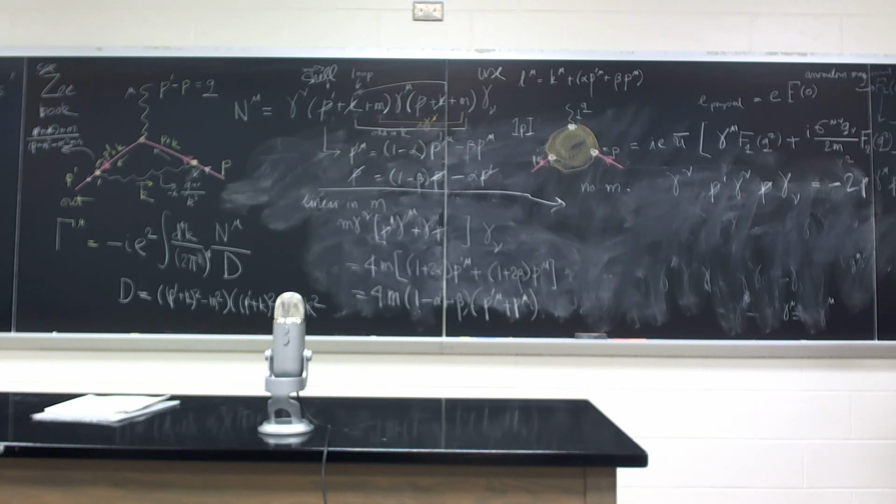And it's a little bit unfortunate. You notice that P and P prime have gotten interchanged, but you're sandwiching between U bar of P prime and U of P. So this one, which is gamma mu, which you can draw. I don't like the indices.